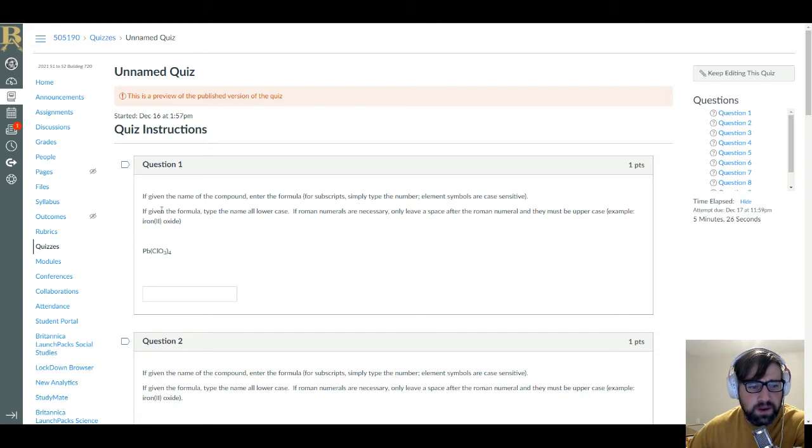If they're given a formula, type in the name all lowercase. Roman numerals are necessary. Have no spaces between the first word and the Roman numeral, and then a space after the Roman numeral. So here's an example: iron, Roman numeral 2, space oxide.